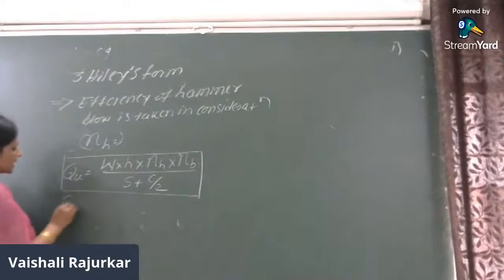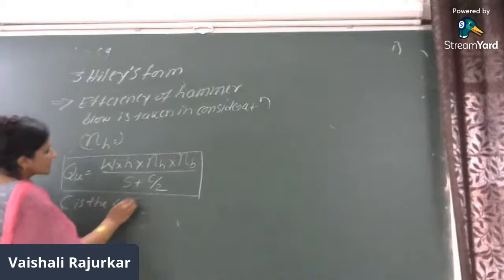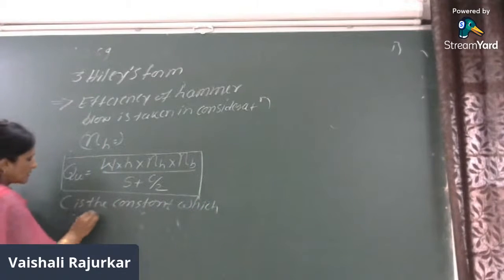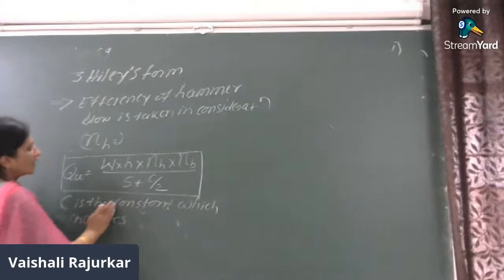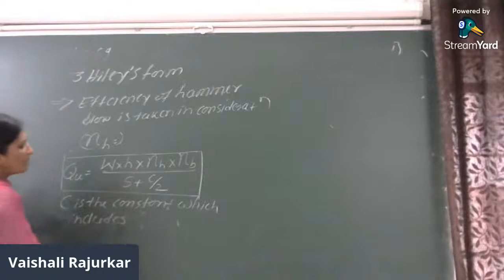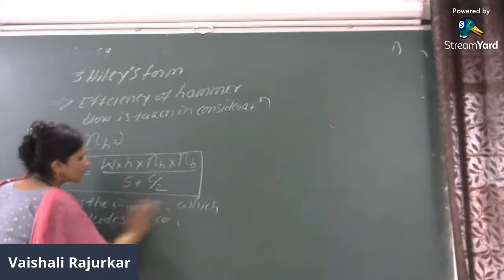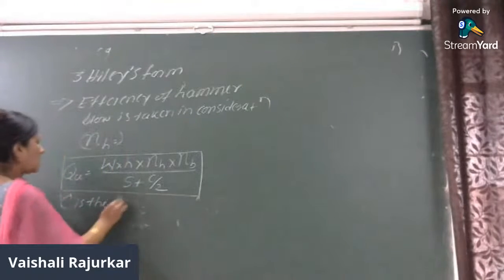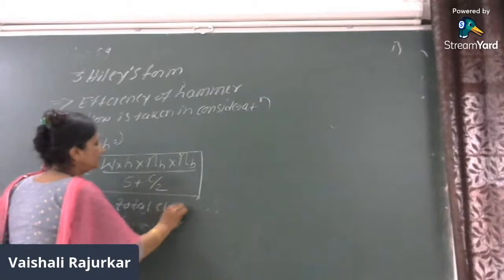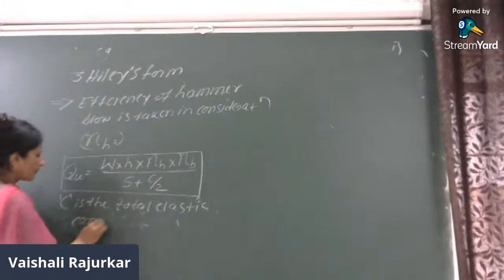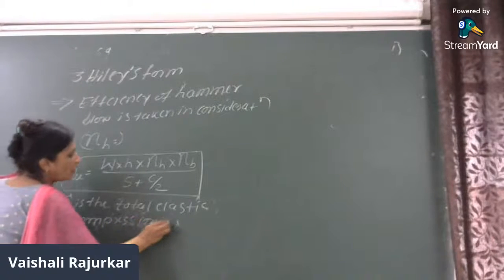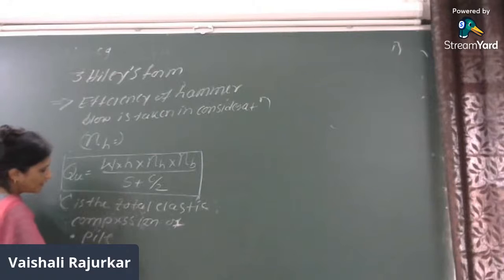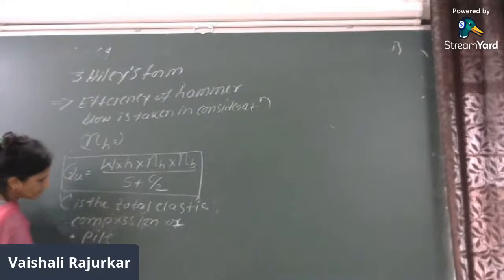So here C is the total elastic compression of the pile, pile cap, and surrounding soil.